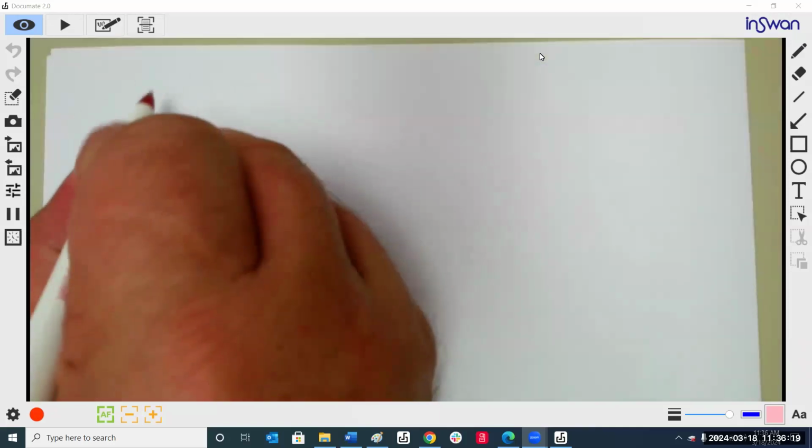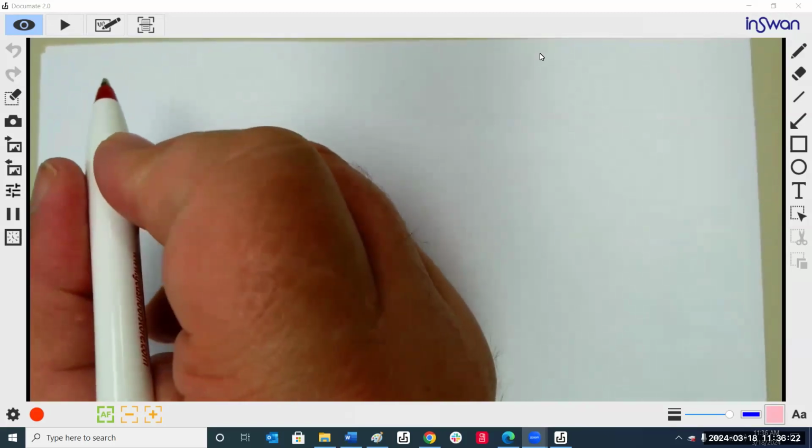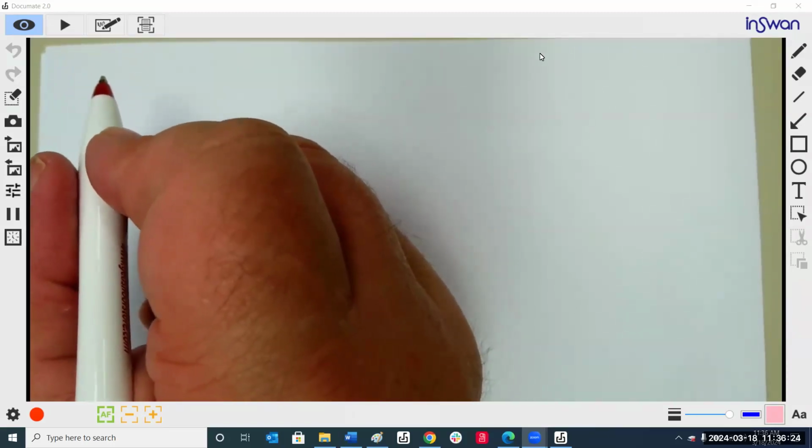Let's see some examples we have here. Example 3. Or example 1 and 2. Yeah, that's boring. Well, we could do example 1 if you wanted to.